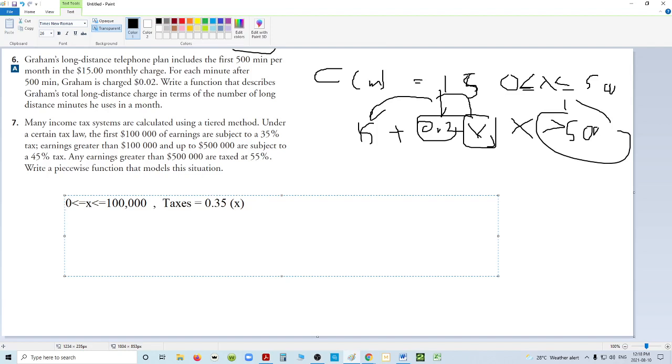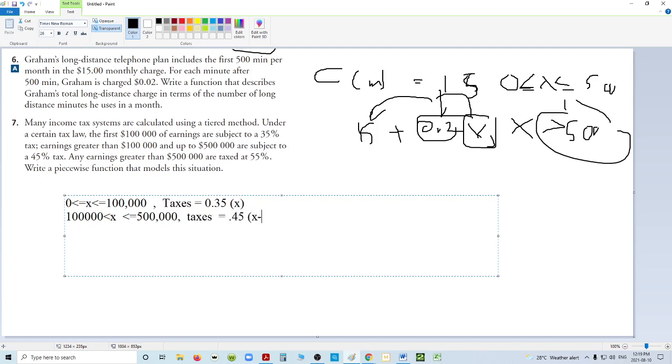What is my y going to be charged? Now here's the tricky part. Sorry, what are my taxes going to be when x goes from 100,000, but not including it, up to and including 500,000? Well, my taxes are going to be 0.45, but not times x.